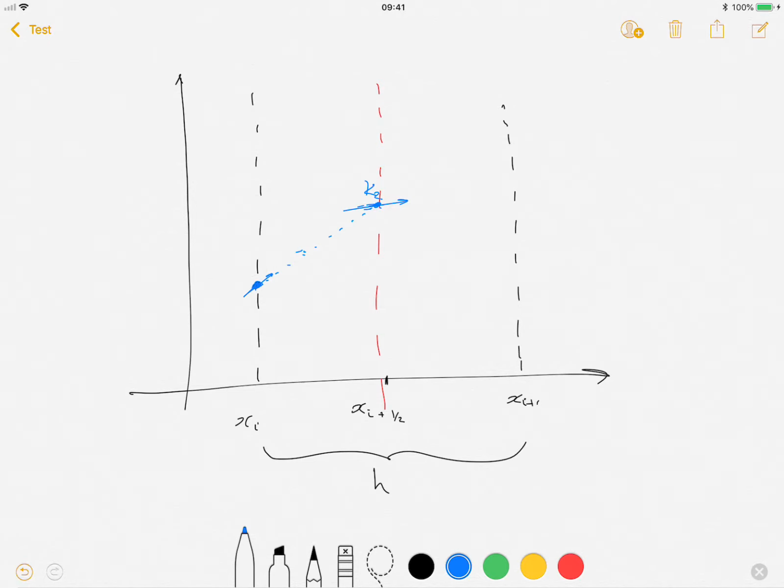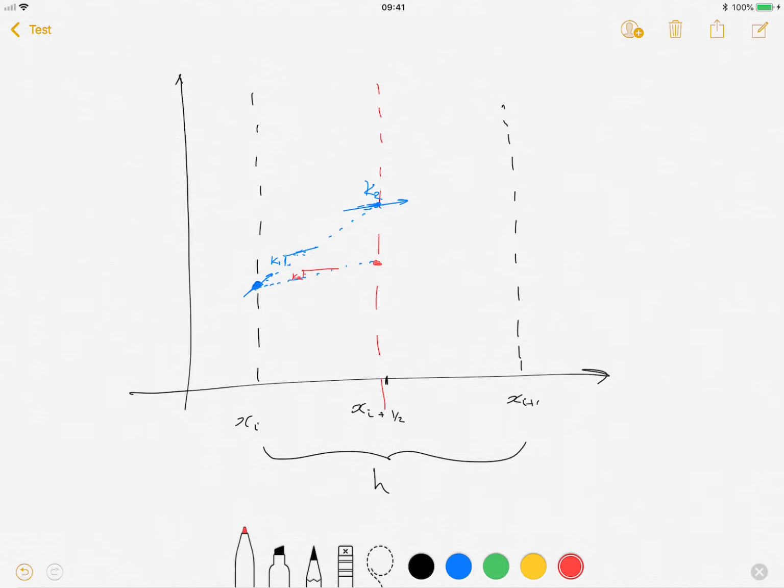So I've used k1 to get to this new point where I calculate the slope k2. I then use k2 to get to this next point, which is also x of i plus a half, but the y is different, remember. And so this is k2.